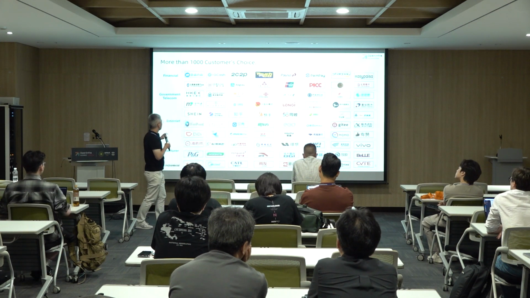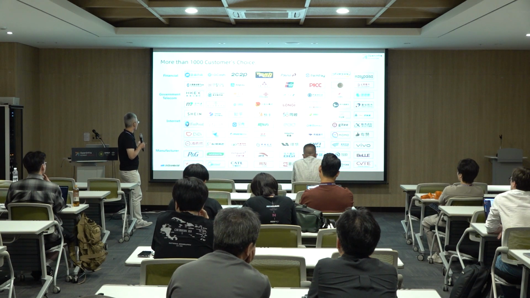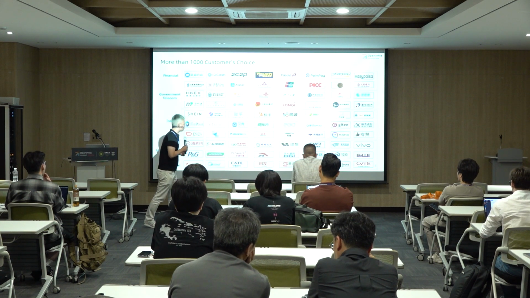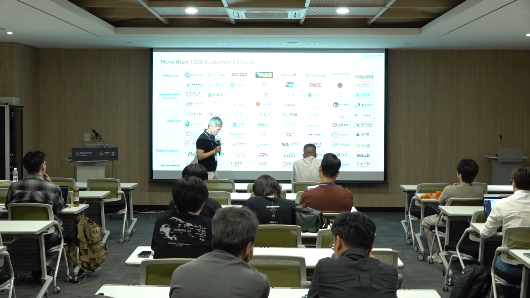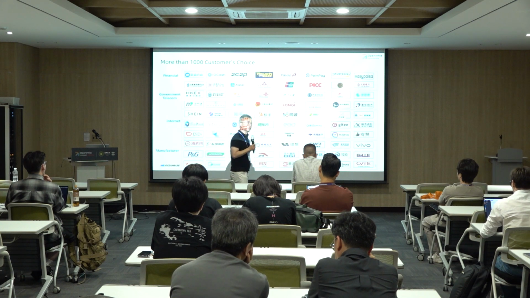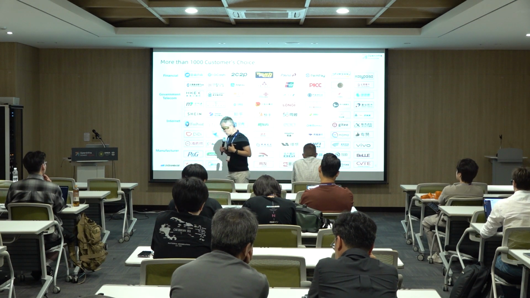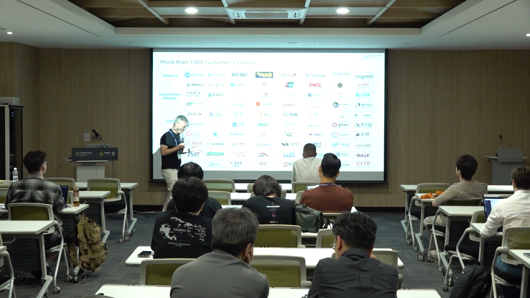They come from all kinds of fields, such as financial, government, telecom, internet, manufacturing, and other fields. Because OceanBase comes from Alibaba and Ant Group, we are good at financial and e-commerce. You can find a lot of financial companies.